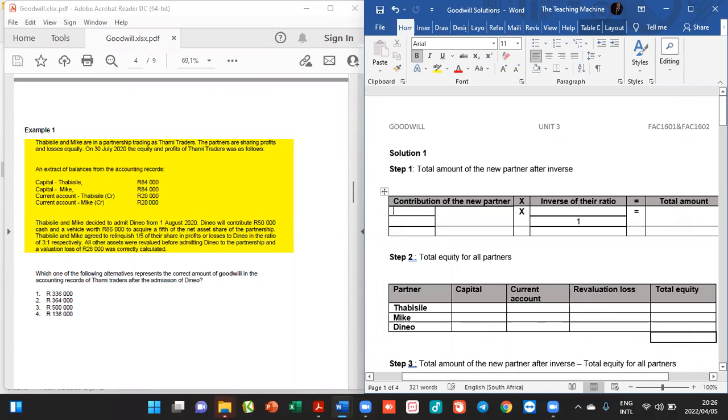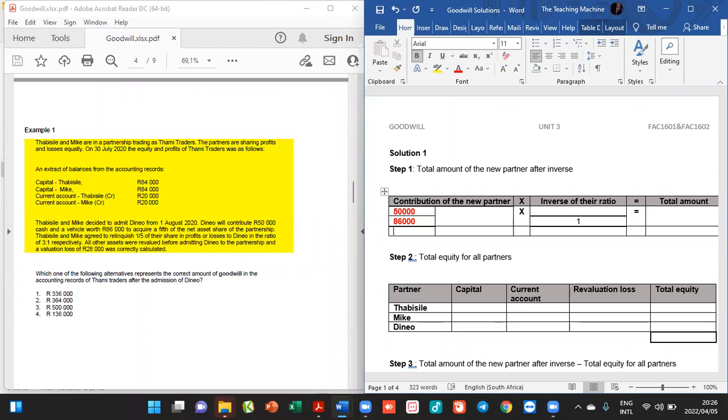Dinero will contribute 50,000 as cash and again 86,000. So what will be the total contribution of Dinero? You add 86,000 plus 50,000, I get 136,000.